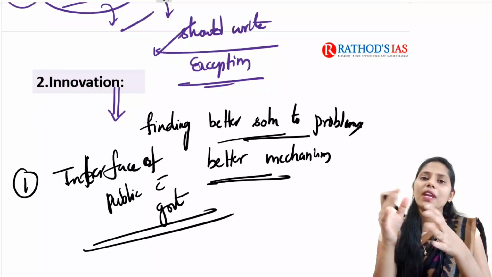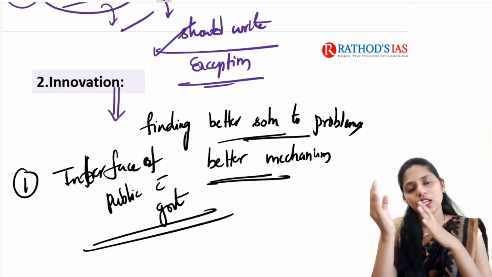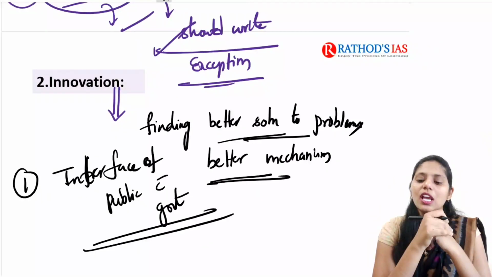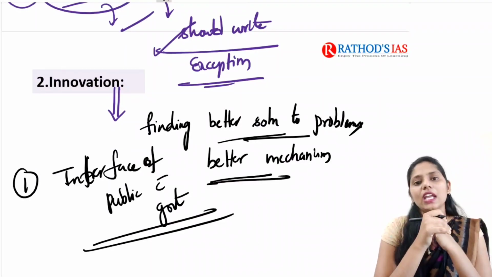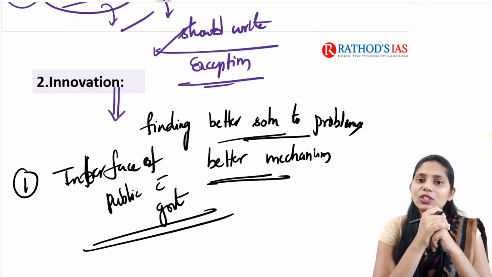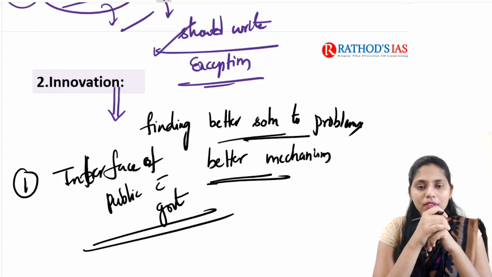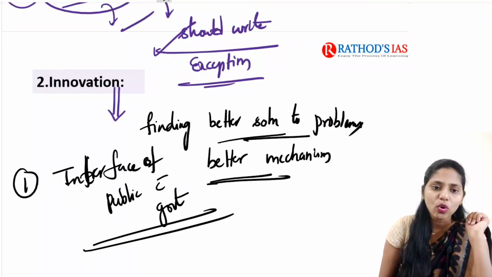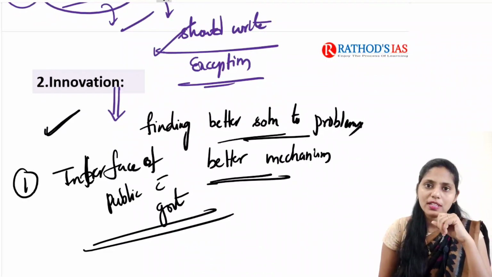We need to make them aware of their application status, and there should be easy applications and a proper grievance redressal mechanism. We even need to inform them about the status of their application, whether it is completed or not. So in this way, we need to focus on this interface of public with government.